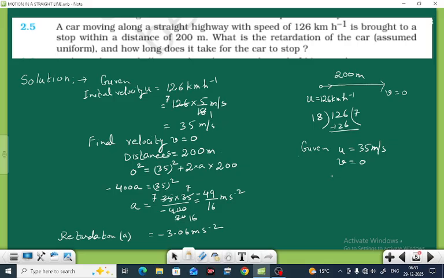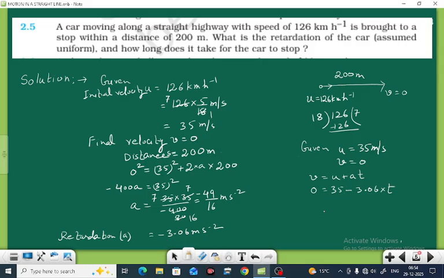So we will apply the formula v equal to u plus a into t. v is 0, u is 35 plus acceleration a is minus 3.06 into time t.